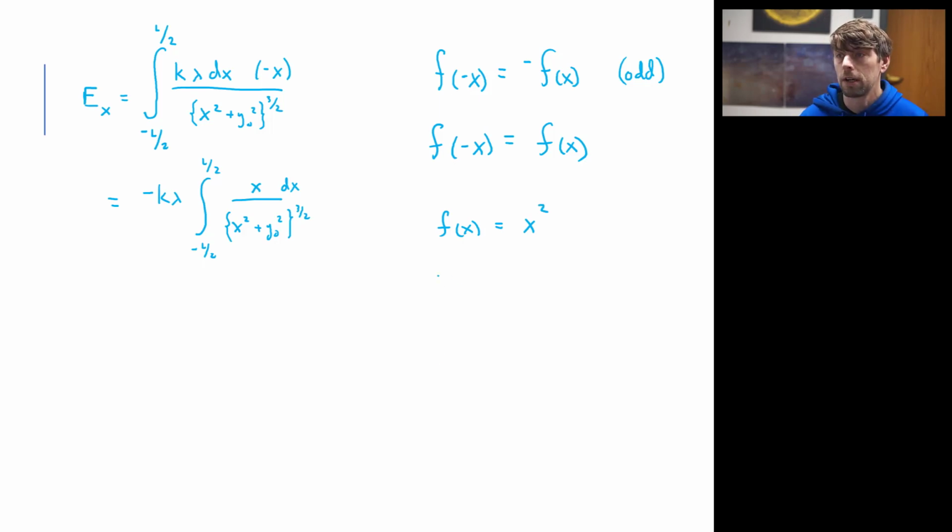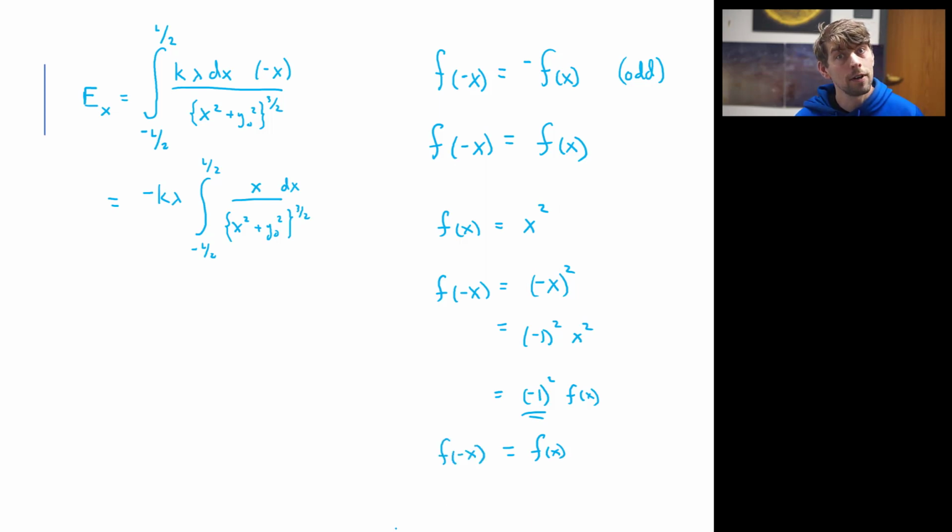Well, if I plug in a negative argument, that is the same as saying negative x squared, or negative 1 squared times x squared. But x squared is my original function with a positive argument. So this is negative 1 squared times f of x. But negative 1 squared is just 1. And so I end up with f of negative x equaling f of x.